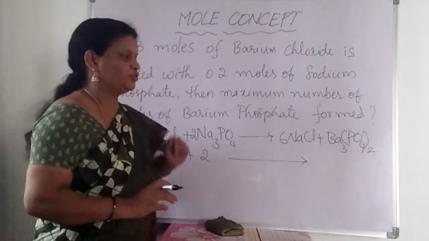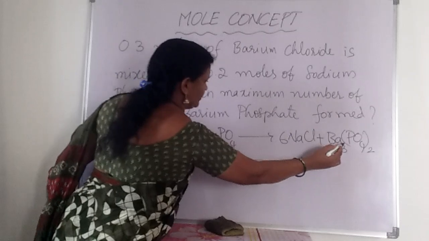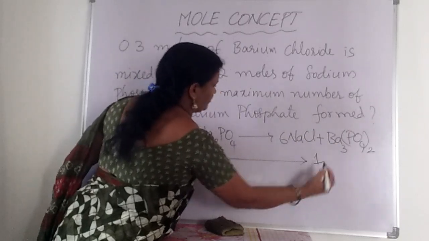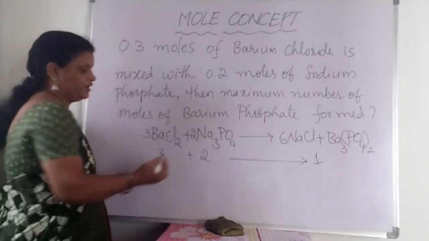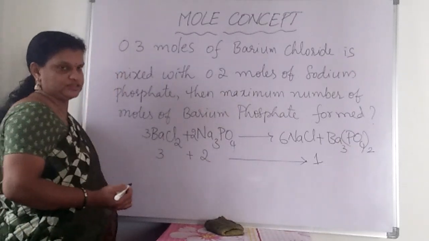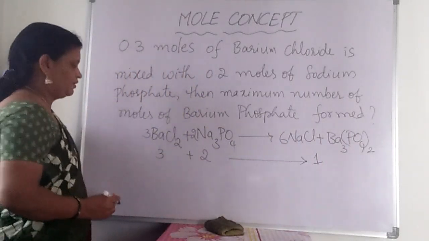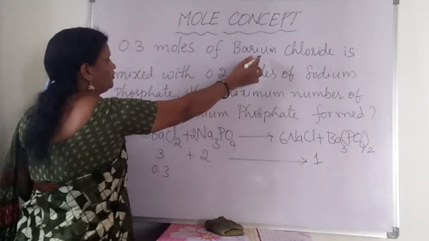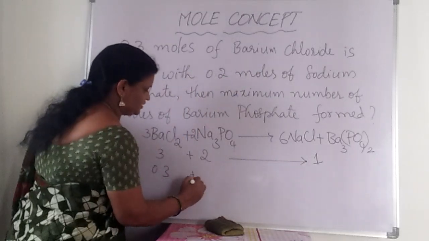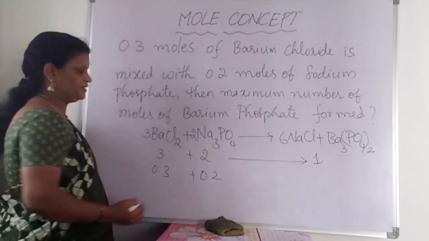They didn't ask anything about sodium chloride, so let us leave sodium chloride. We'll go only for barium phosphate. So only 1 mole of barium phosphate is formed when 3 moles of barium chloride react with 2 moles of sodium phosphate. Right. Now here in the question you see 0.3 moles of barium chloride is taken and 0.2 moles of sodium phosphate is taken on the reactant side.